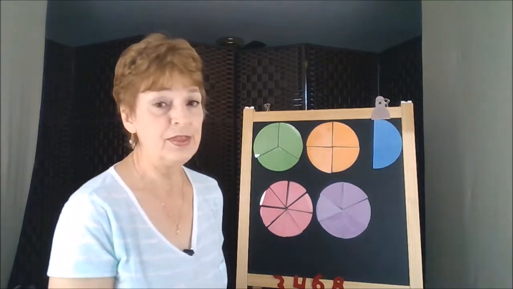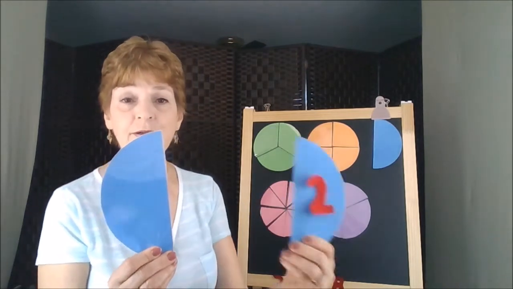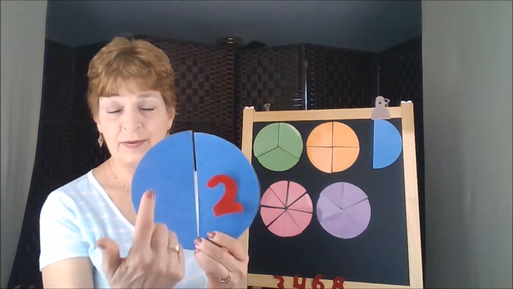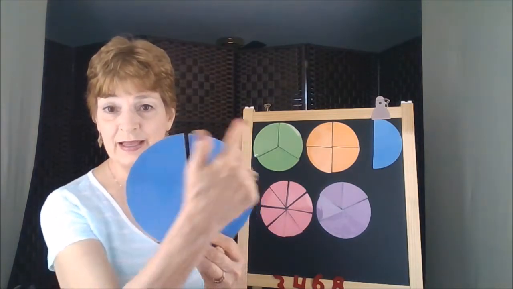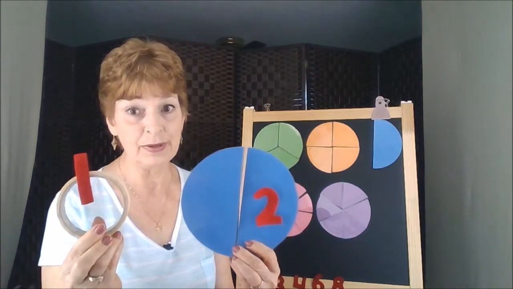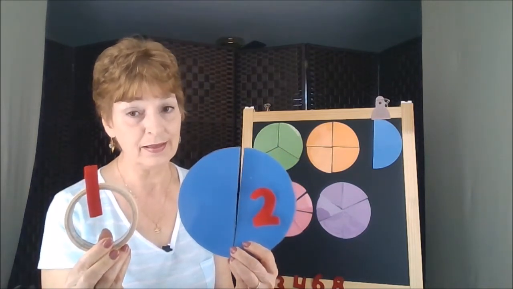If I have this shape, 2 of these would make a whole. So I would say that there are 2 pieces in the whole, just as there was 1 piece in this one because there were no cuts in them.